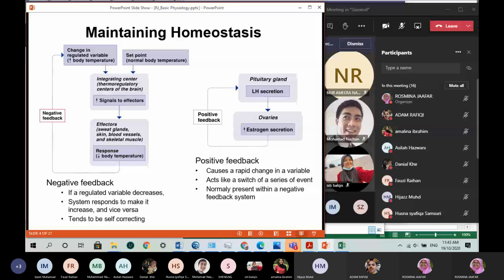the action to achieve the negative feedback can be assisted by a positive feedback system. The characteristic of positive feedback is that the output causes a rapid change in the variable. For example, during fever, in problematic situations, there is a tendency to exaggerate.